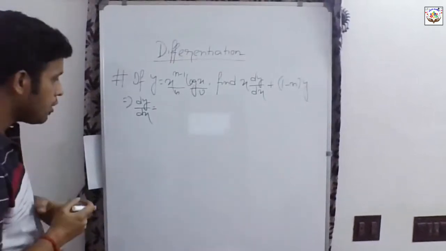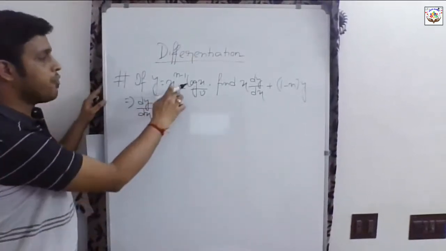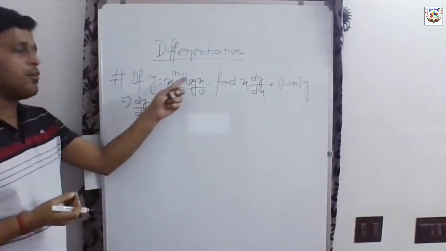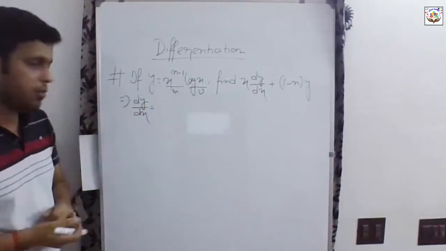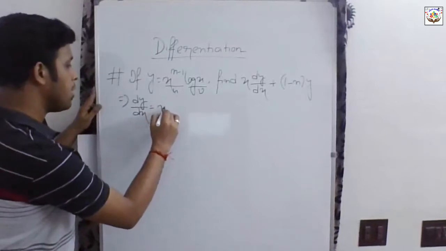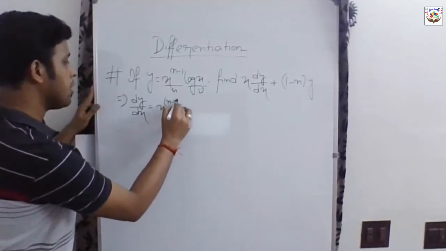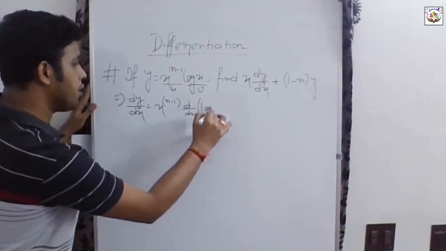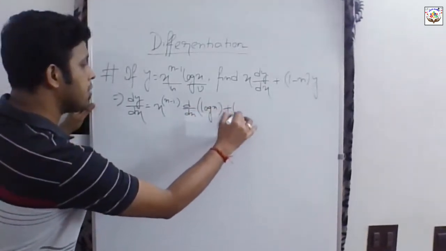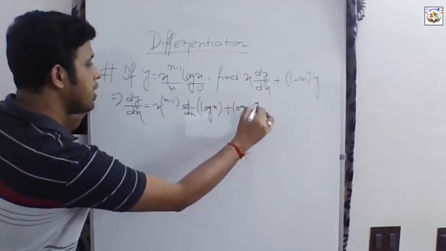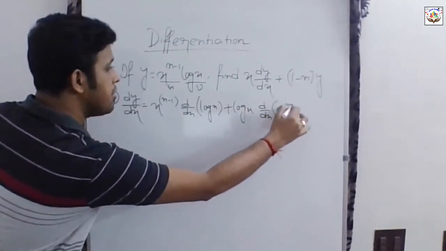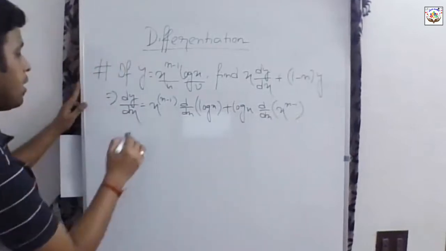So d/dx of u into v is u constant, derivative of v function, plus v function constant, derivative of u function, which is x to the power n minus 1.